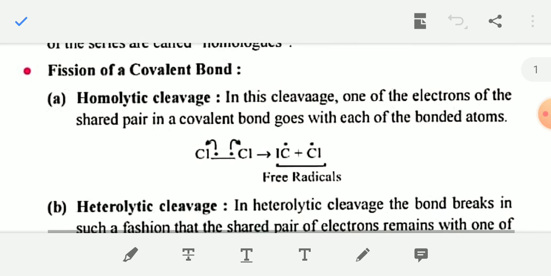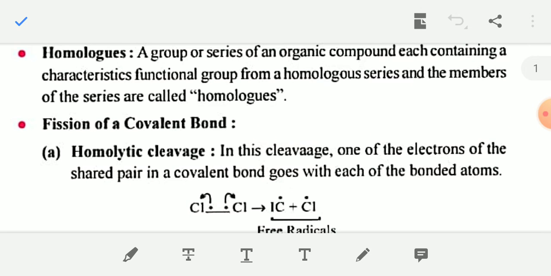Now in this chapter you have to read about types of organic reactions.